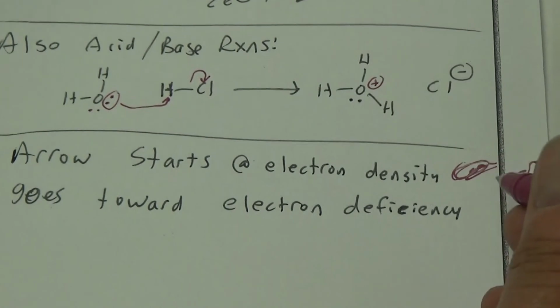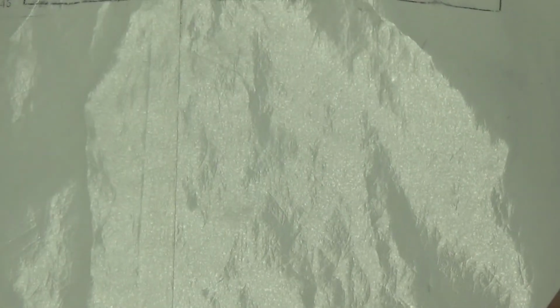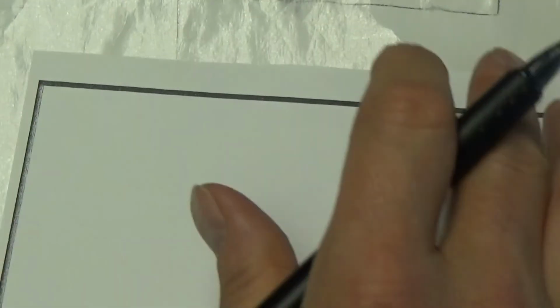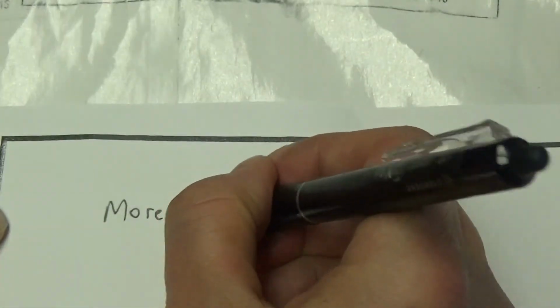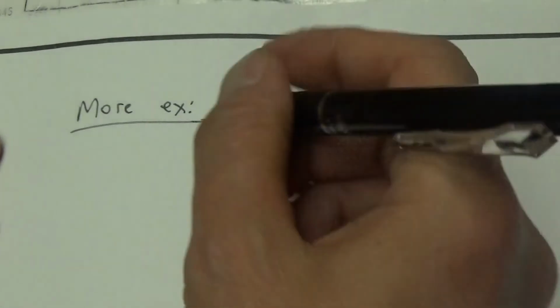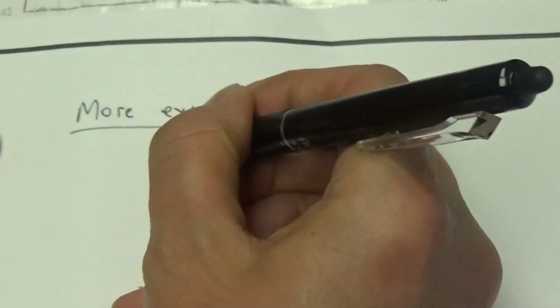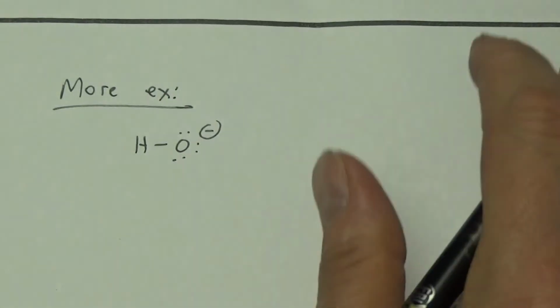I'm going to show a couple more examples of mechanisms real quick now. So just more examples. The first one you already basically saw. Hydroxide is a nucleophile.